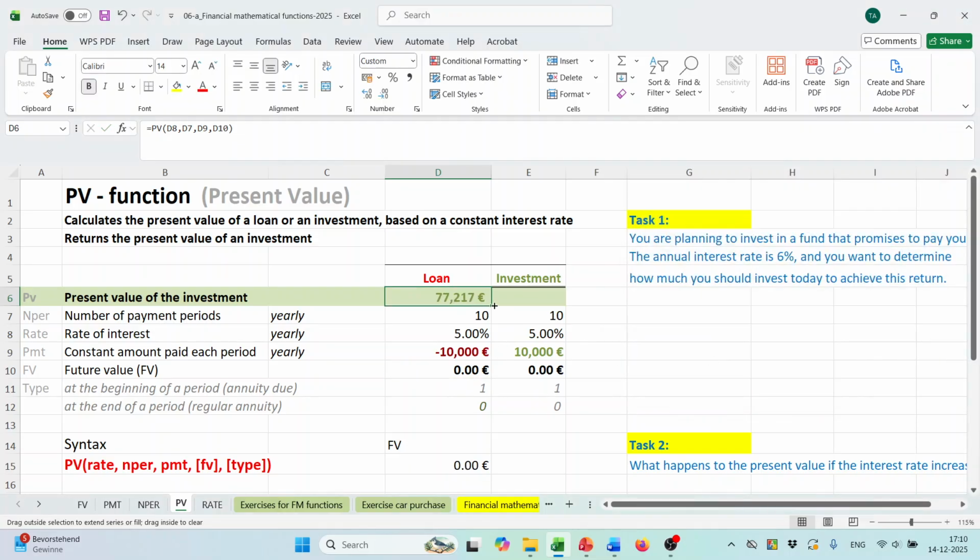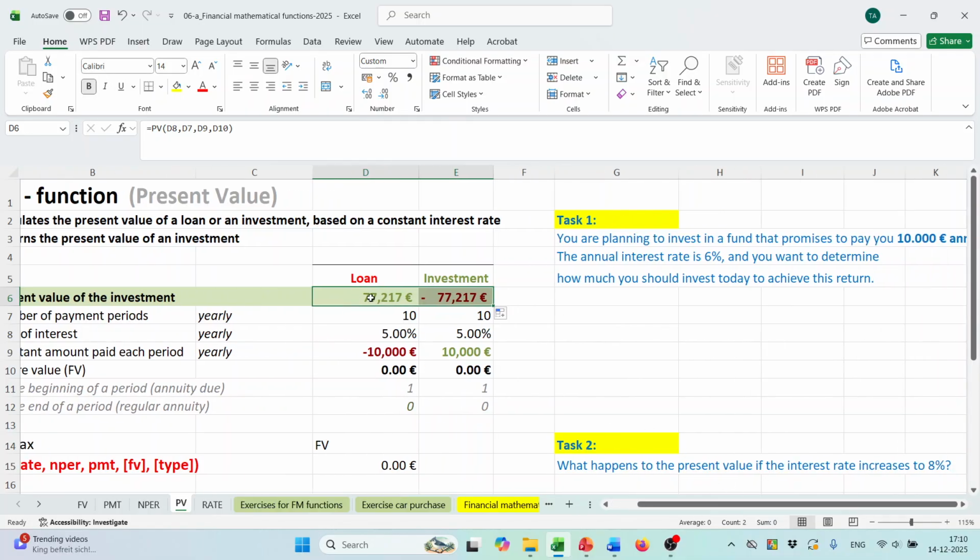I copy down this formula, and we get that if we have 77,217 euro as a loan, and if we pay according to this condition, after 10 years our future value, or our debt, will be completely paid.